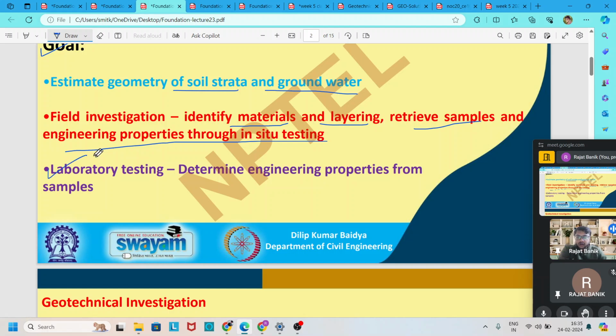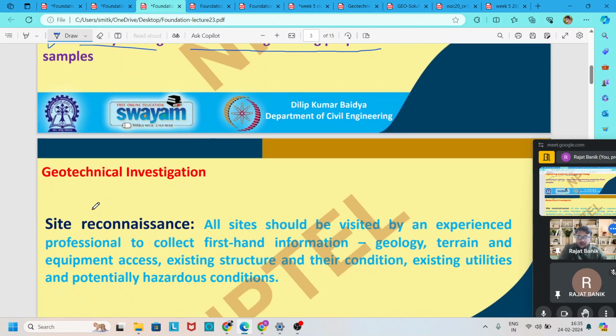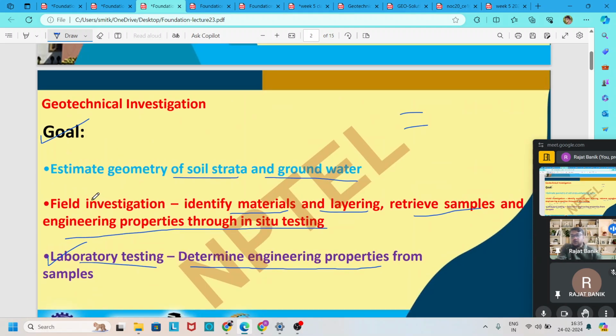And also conduct some laboratory tests based on the samples which I collected from this site. This is also our goal in soil investigation.